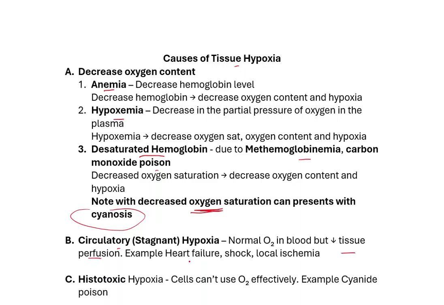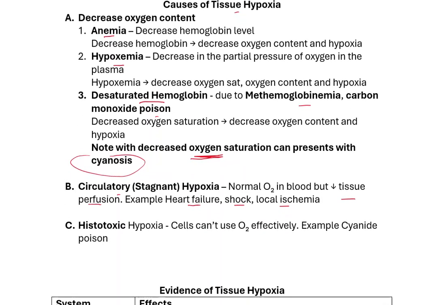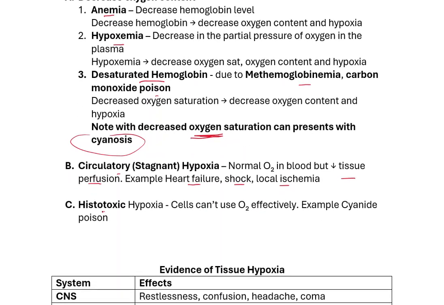For example, somebody who has heart failure, or somebody who's in shock, or local ischemia. That could lead to tissue hypoxia. The last one that we mentioned is histotoxic hypoxia, whereby the cell cannot use the oxygen. The example that we gave is cyanide poison.